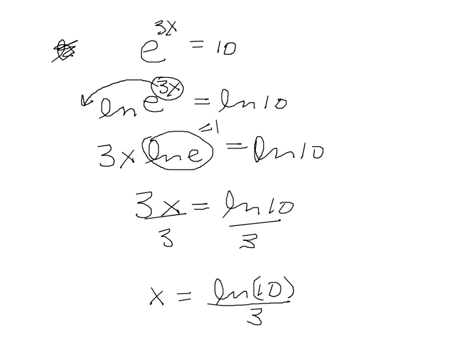So let's look at one that's a little bit different. e to the 2x plus 5 equals 8. So I start out by applying the natural log to both sides.